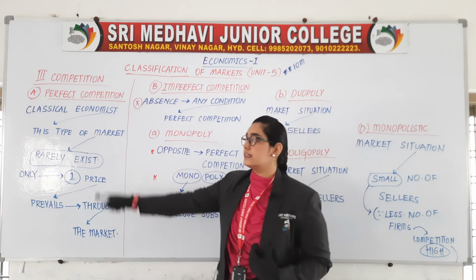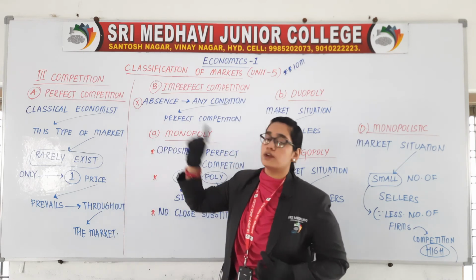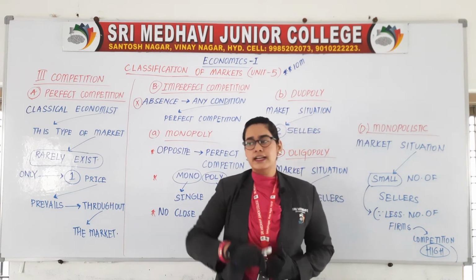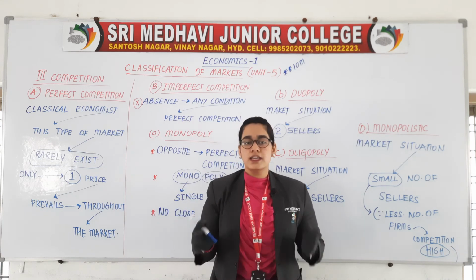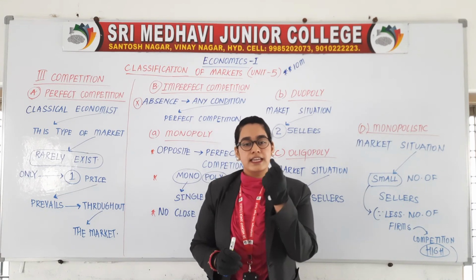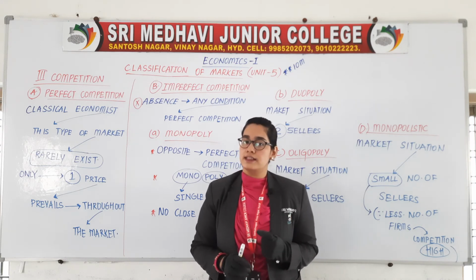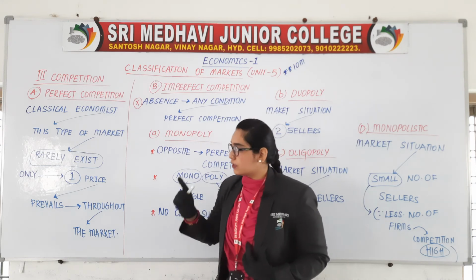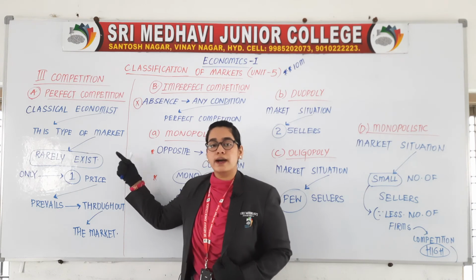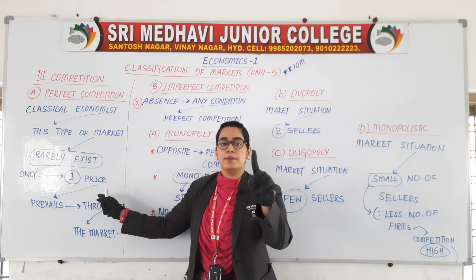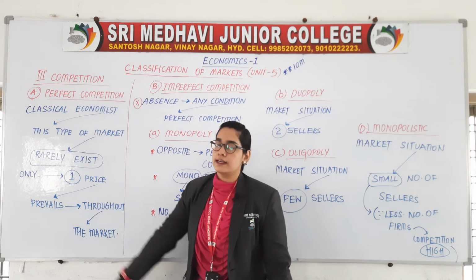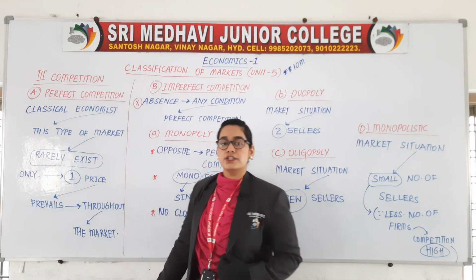Such kind of markets are called perfect competition. Do you find the same price for the commodity in every shop? No, it does not happen. Even a small change will be there in the price. Am I right? Because of that reason, this type of market rarely exists, and only one price will prevail throughout the market, that is perfect competition.